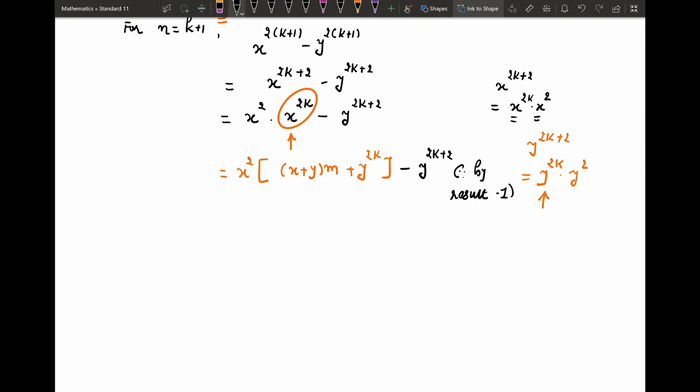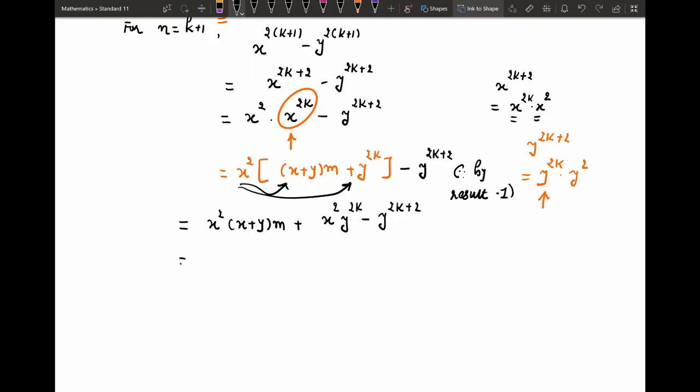So we simplify. This is x square into x plus y into m. Simply expand the bracket. X square into y raised to 2k minus y raised to 2k plus 2. This into this plus this into this.